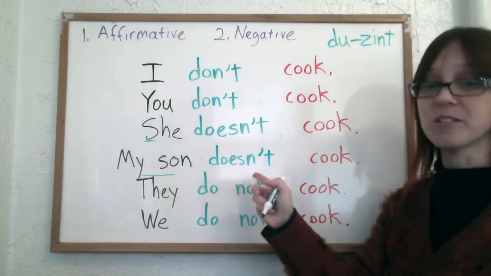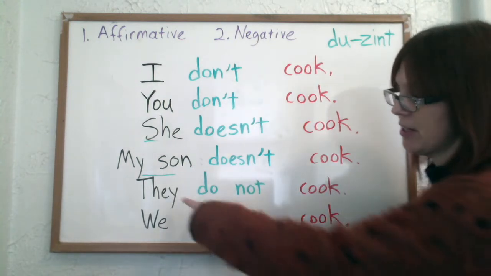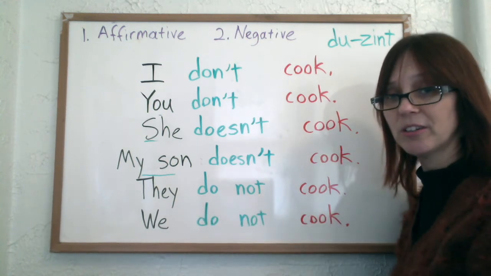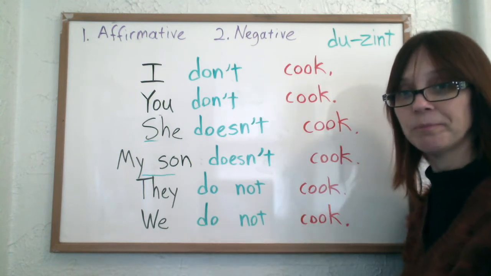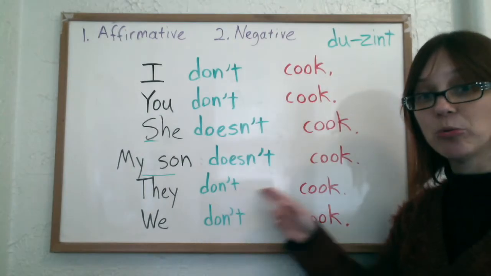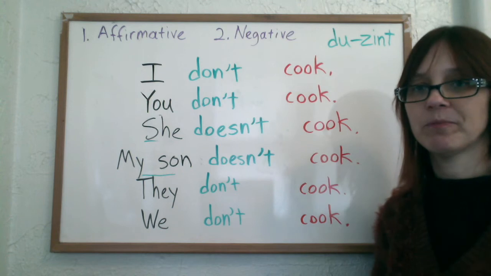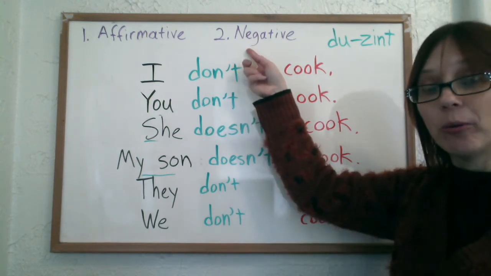My son doesn't cook. And this one, they don't cook. We don't cook. They don't cook. We don't cook. So this is the negative form.